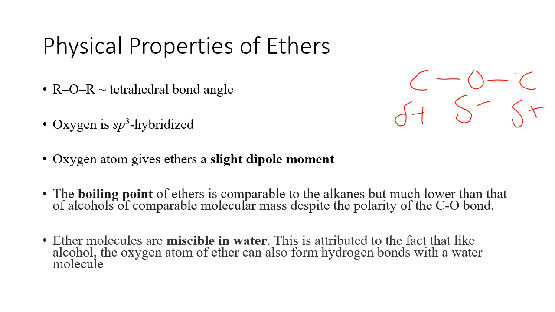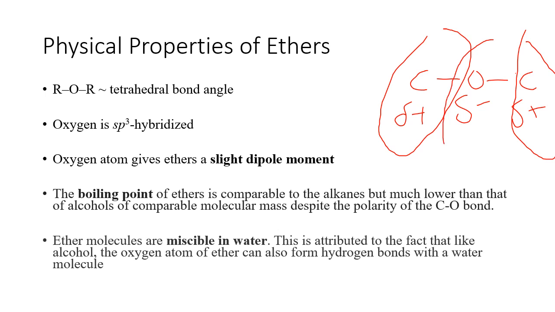And so that gives a slight dipole moment. What we mean by a slight dipole moment is that there is a positive pole and a negative pole. The positive is these two carbons over here, and this oxygen has a negative charge. And so the presence of the dipole moment is important for the physical-chemical properties of the ethers.